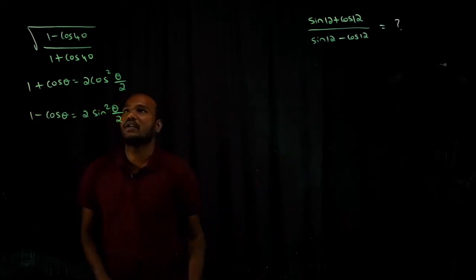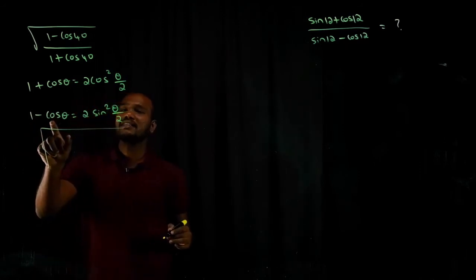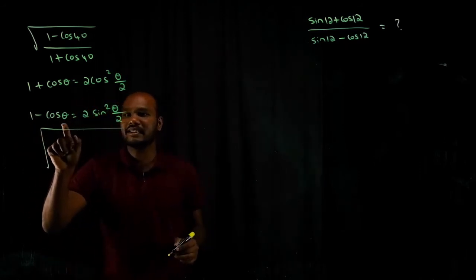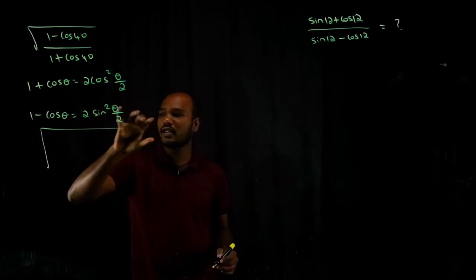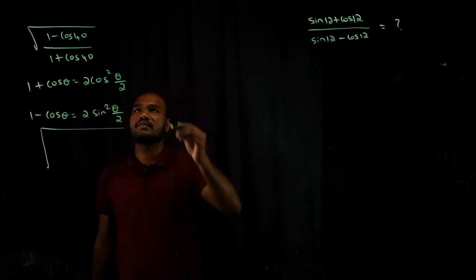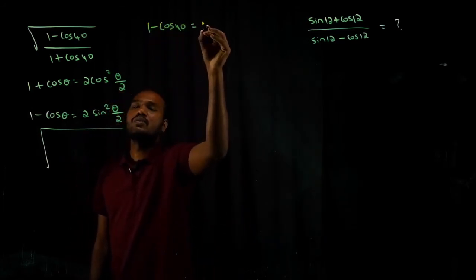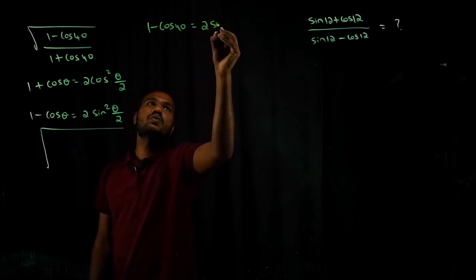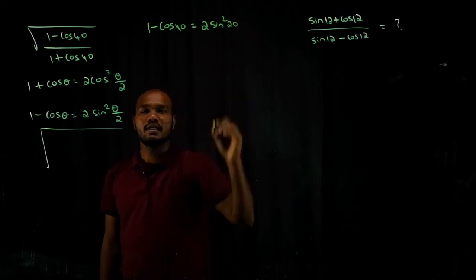Now let's substitute this back into this. If theta is there, here it is theta by 2. If it is 40 degree, it will become 40 by 2, that is 20 degree. So 1 minus cos 40 will be equal to 2 sine square theta by 2, and 40 by 2 is 20 degree.